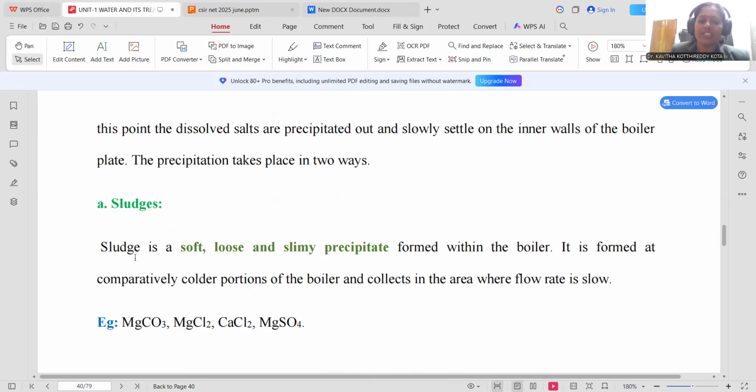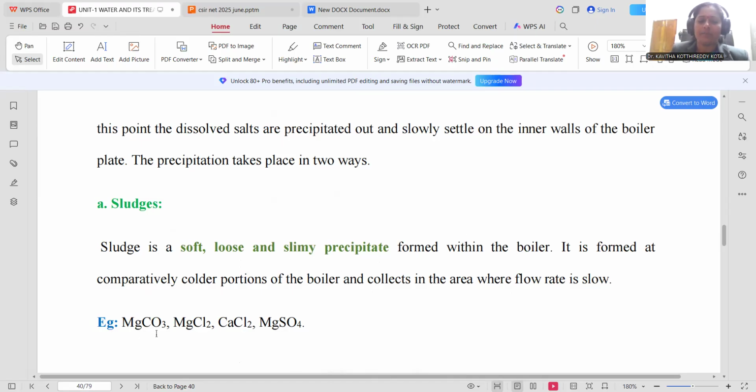So the sludges are easily removable. Especially they can be deposited at the cool areas of the inner portion of the boiler parts. So wherever a cool region is located, at the curvatures, at the bendings, at the bottom region, wherever cool portions are present, there the sedimentation of these soft, loose, slimy precipitates called sludges will be deposited.